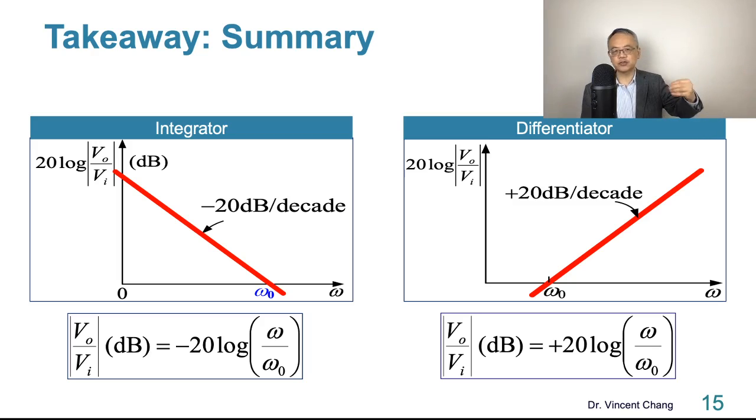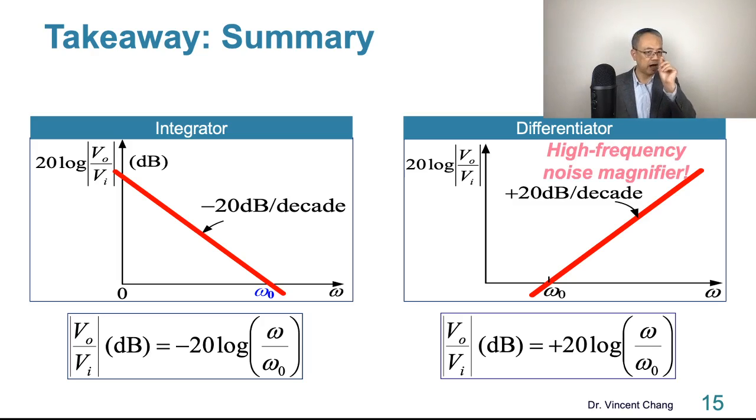So this brings us trouble. The differentiator is also named a high frequency noise magnifier. Noise magnifier. So this very important nature, I hope you can remember. This is very, very important, and also the major takeaway of this lecture.